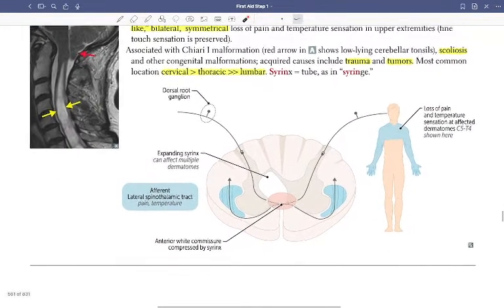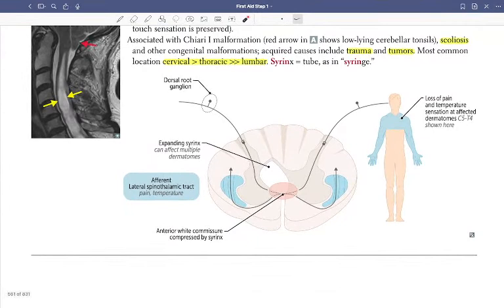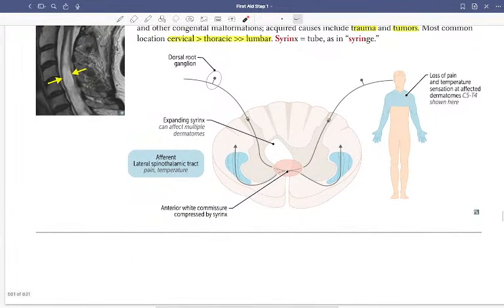Here you have the syrinx, and the lateral spinothalamic tract. The syrinx is in the middle of the cord, so the anterior white commissure gets compressed. The lateral spinothalamic tract crossing over through the anterior white commissure is compressed by the syrinx, so there is loss of pain and temperature in a cape-like distribution, from C5 to T4.